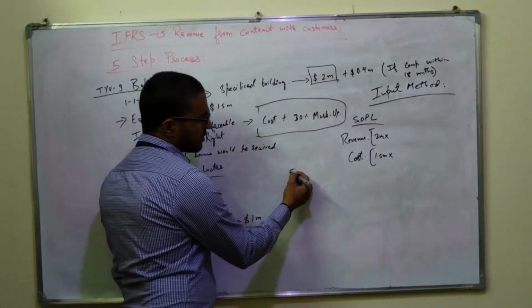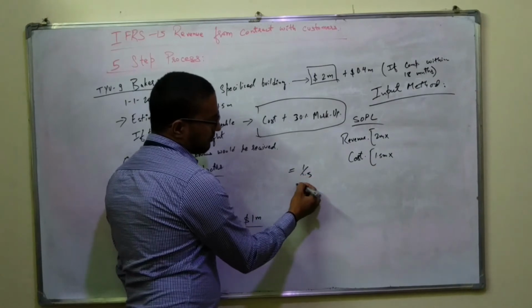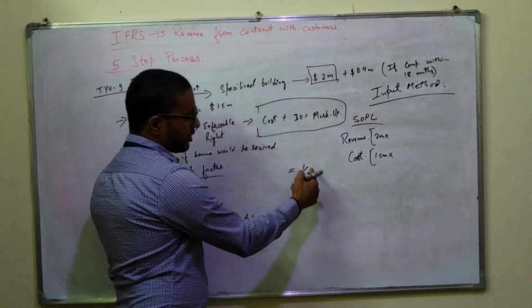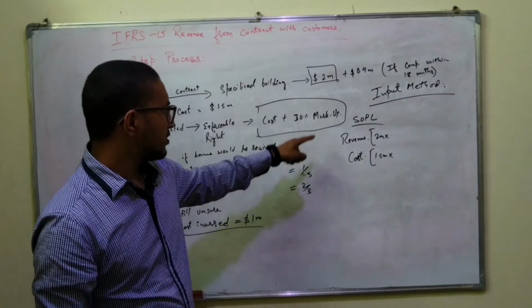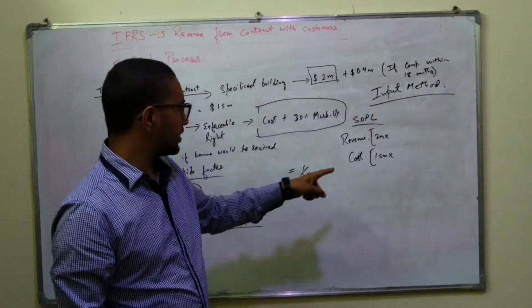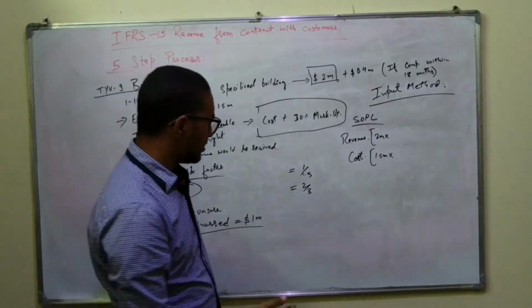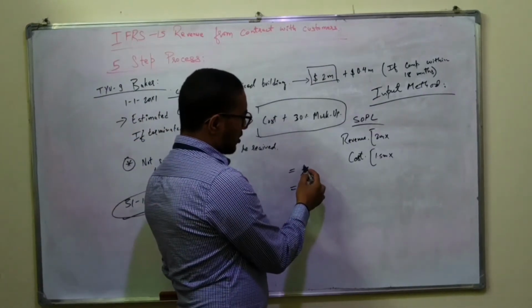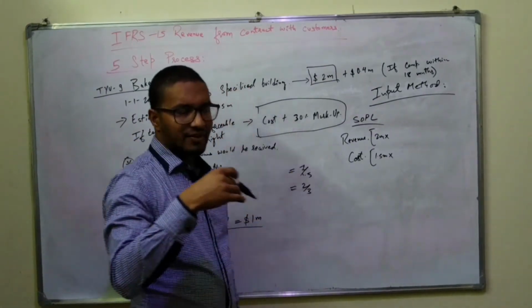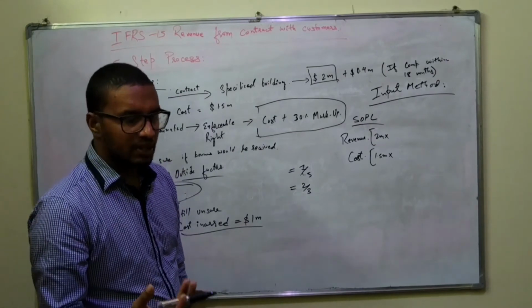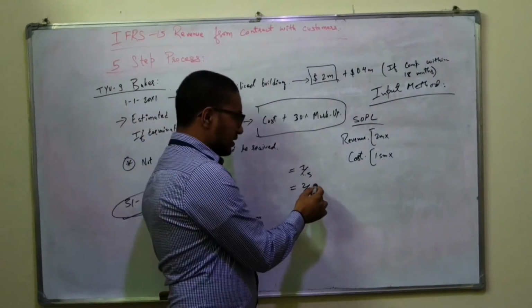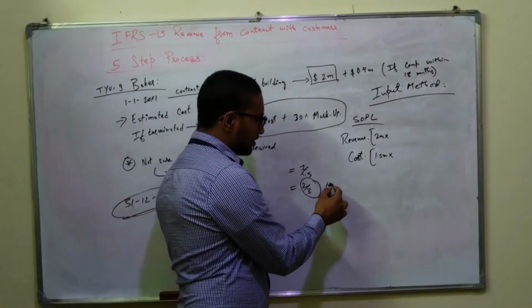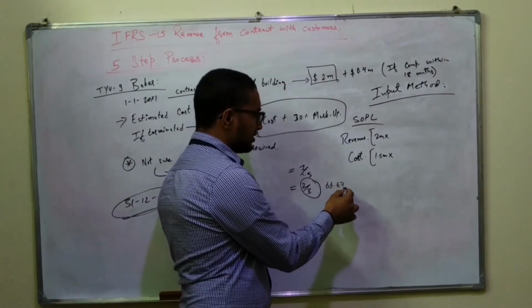It is 1 divided by 1.5, because this is measured by the input method. And how do we get the work percentage completed? It is cost incurred till date, and then the remaining expected cost to be incurred. So we are getting a percentage of 2 by 3 or 66.67%.